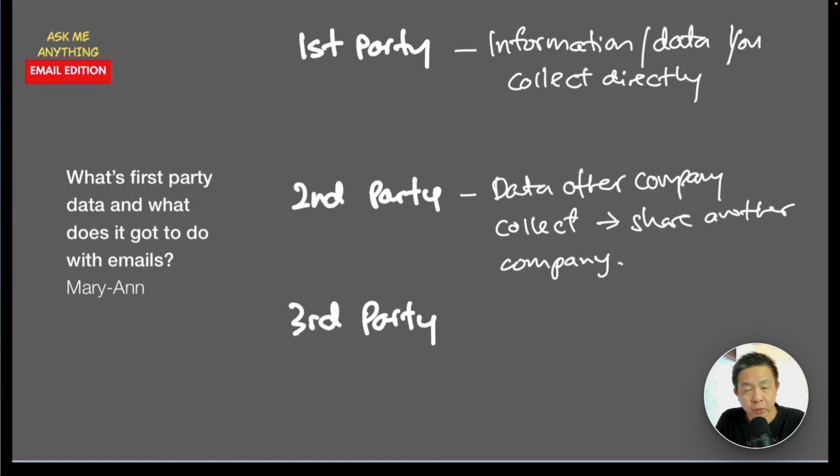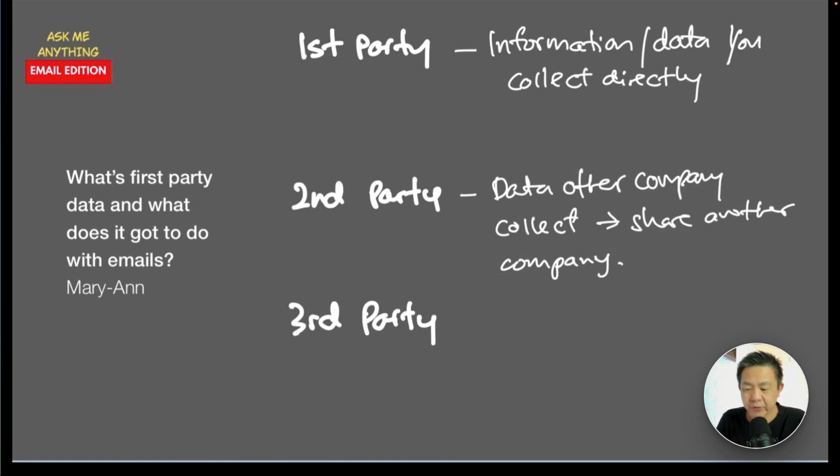So the data that I own, which is the email subscribers, the information, I then download and upload it to, let's say, Facebook. And I'll tell Facebook and say, can you show ads to this list? Okay. So Facebook is taking data from me, which I own, and then basically sharing the information with Facebook. So that is second party data.